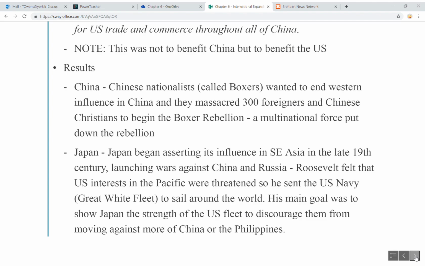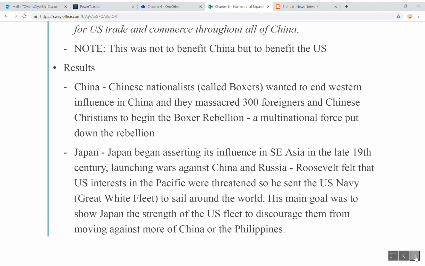Because Christianity was seen as a Western religion. It is technically an Eastern religion, but it is practiced mainly in the West. So it is considered by many, especially in China, to be a Western influence. So they're going to kill foreigners, but at the same time the Christians.